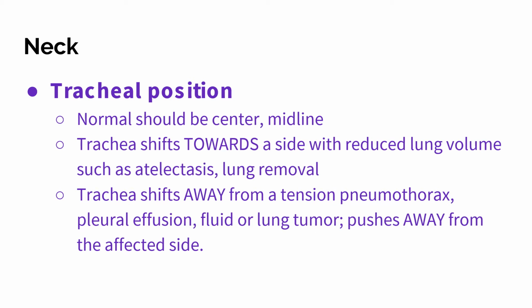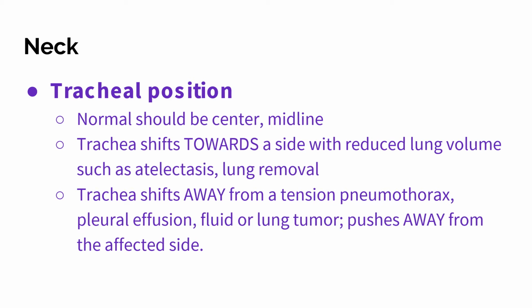So again, as part of our assessment, we should be looking at the tracheal position. We want to make sure that it is in the center, in the midline, that there's no deviation. If there is deviation, then we have to look to see what is causing that deviation.